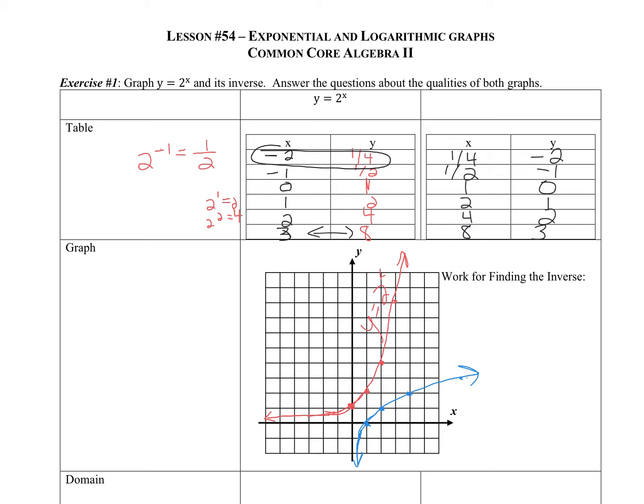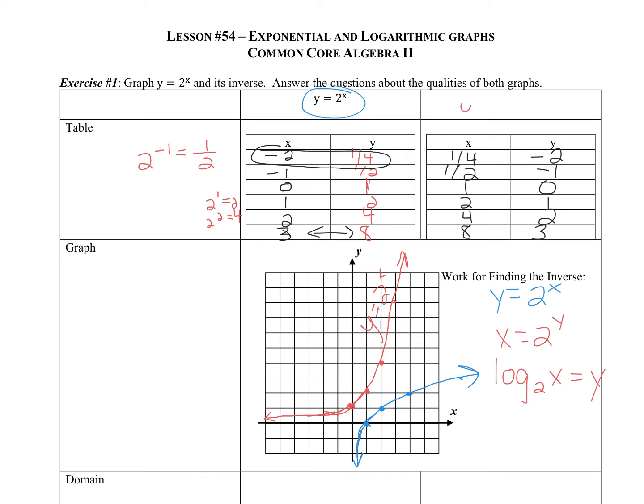So finding the inverse, I'm going to do down here. I'm going to take my equation and switch x and y. We know there's no way to solve for that y unless we put this equation in log form. When we write a logarithm, we write log, the base goes here, the exponent is the answer, and the number it was equal to goes here.